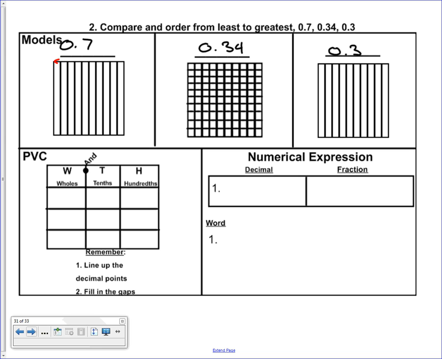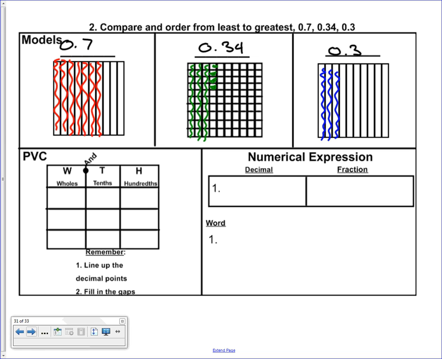Shoot that in. 1, 2, 3, 4, 5, 6, 7. 34/100: 10, 20, 30, 1, 2, 3, 4. And 3/10: 1, 2, 3.